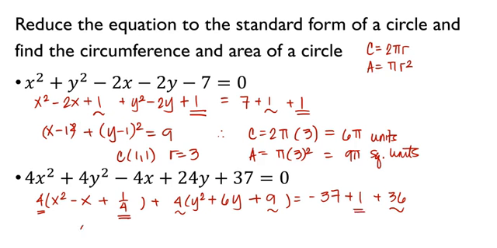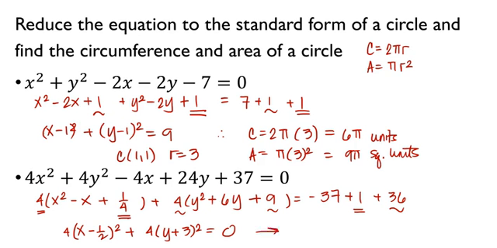So in here, it becomes 4 times x minus 1/2 squared plus 4 times y plus 3 squared is equal to, so that is 0.